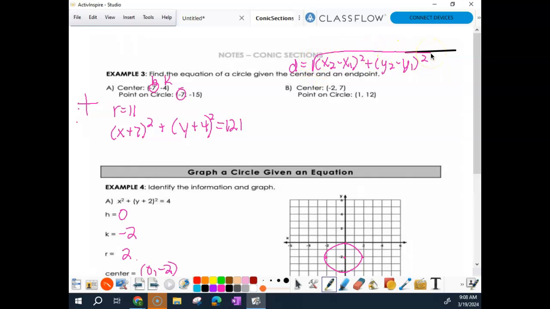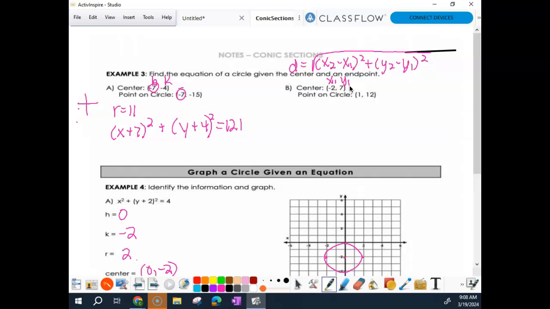So that was our distance formula from yesterday. And when we did this, remember, it doesn't matter which point comes first and which comes second, right? So if I use my center as my first point, that makes this x1 and y1, the x and the y coordinate from the first point.